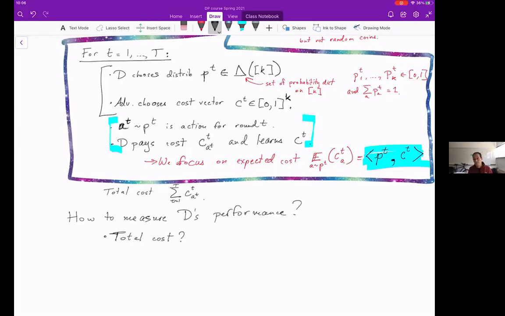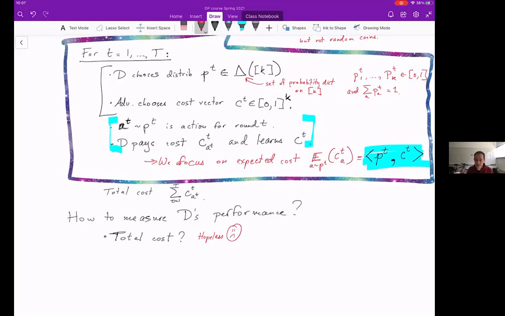So the first instinct is to try and hope for an algorithm that can somehow guarantee that the total cost it pays over the execution of the algorithm is low. The problem is that's going to be hopeless here. So that makes us sad. The problem is that the adversary is choosing the costs of all the actions that D is selecting among.